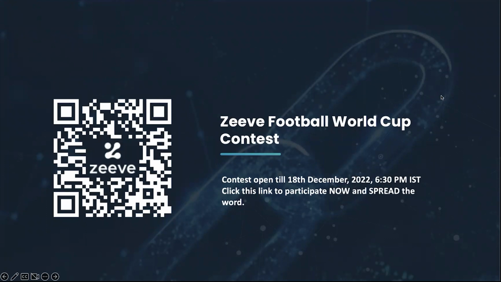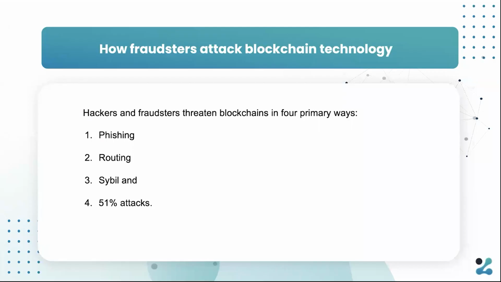Now we move on to the serious stuff, which is the security and compliance stuff. After talking about what role data has to play around security, let's talk about what fraudsters usually do to attack a blockchain solution.